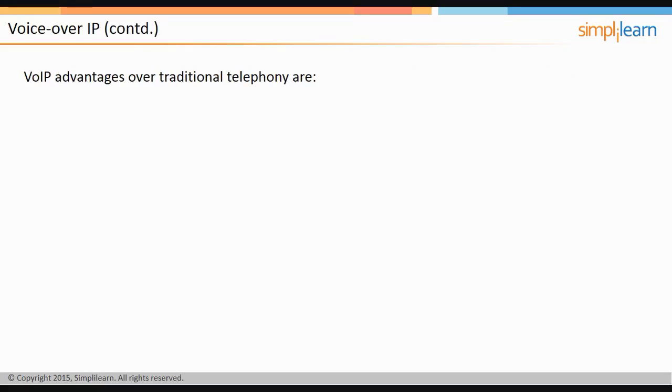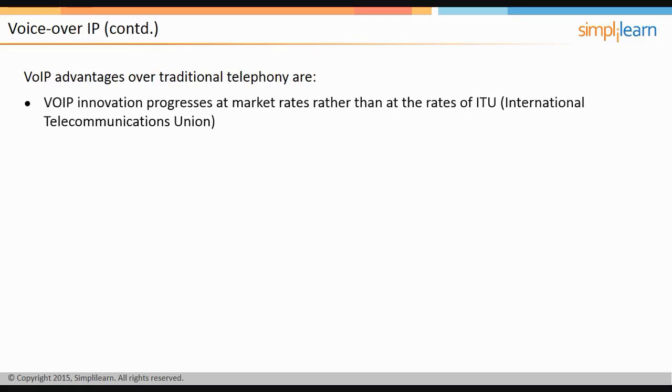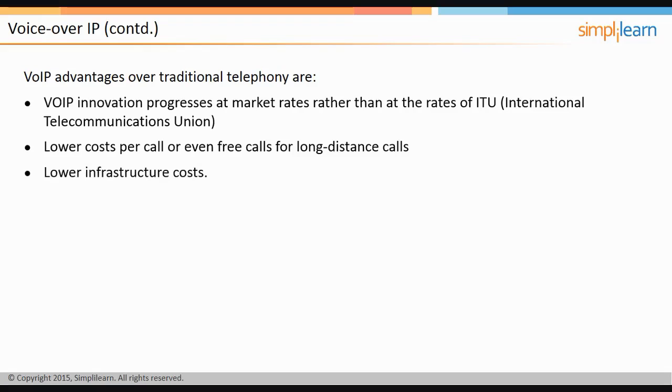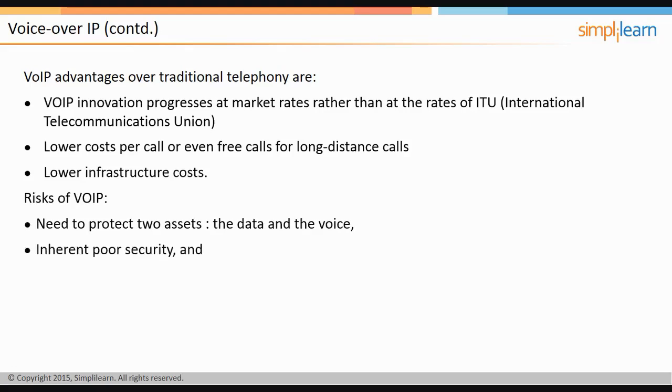VoIP advantages over traditional telephony: VoIP innovation progresses at market rates rather than at the rates of the ITU, International Telecommunications Union; lower costs per call or even free calls for long-distance calls; and lower infrastructure costs. The risks associated with the use of VoIP are the need to protect two assets, the data and the voice, and inherent poor security.